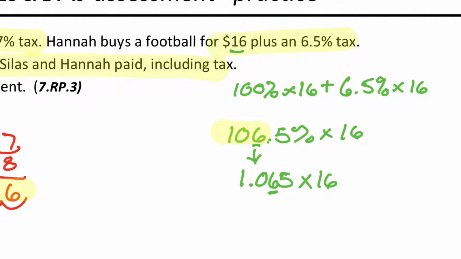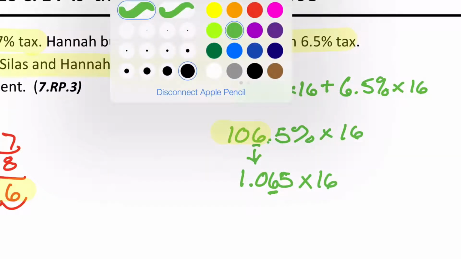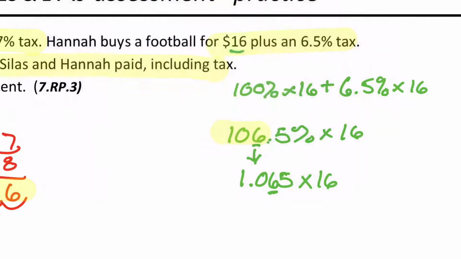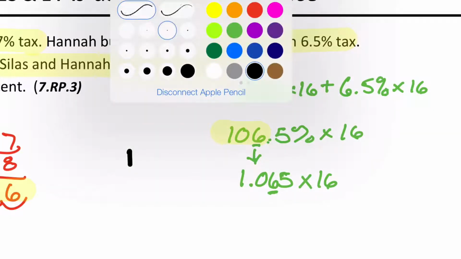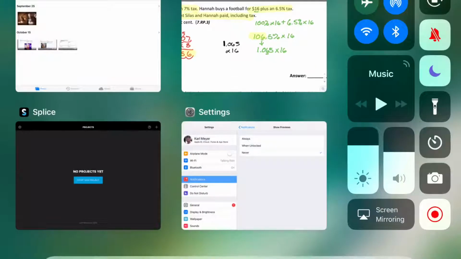Now, here's a point where you might say, all right, now it's time to grab the calculator, right? We've got to multiply. We have got to multiply 1.065 times 16. Right, so I'm going to jump out to our calculator.